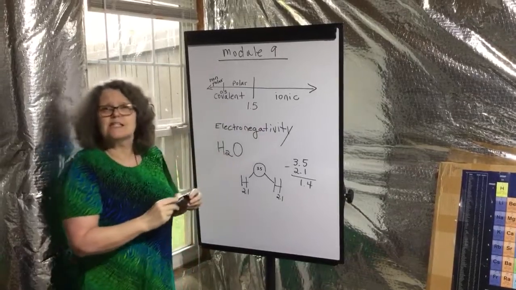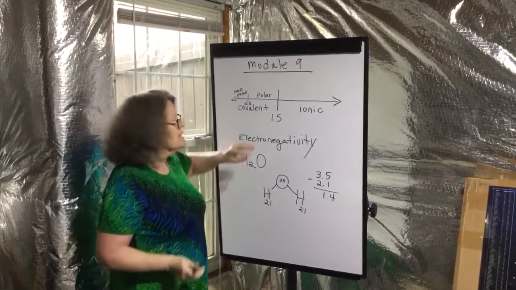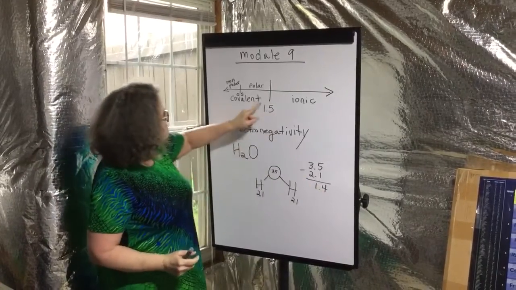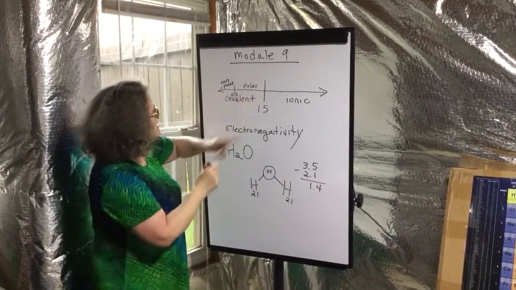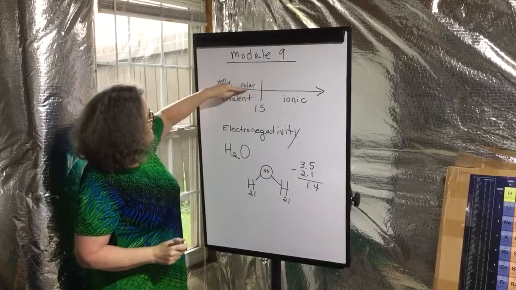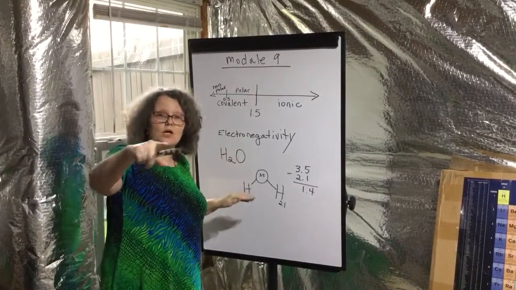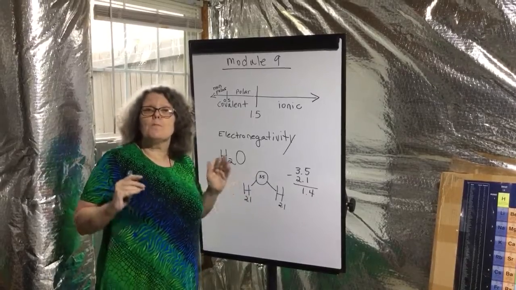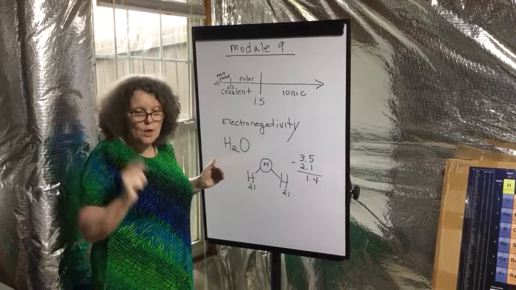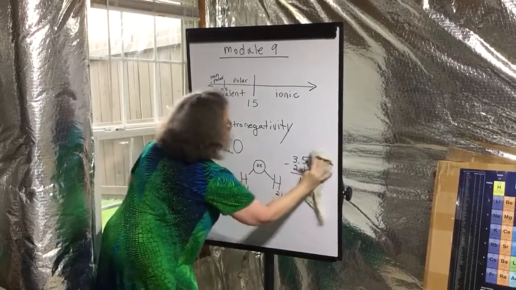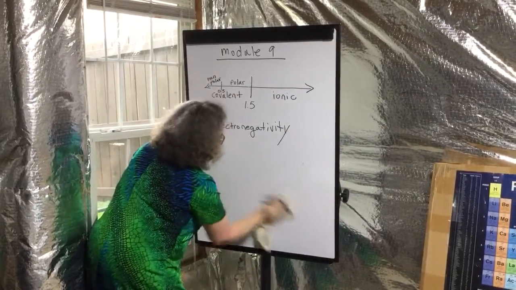If the difference is 1.5, sometimes you see 1.6, but this is 1.4. That means it's less than 1.5, and it's polar. As you read in the book, water is a polar bent molecule. You already know that.